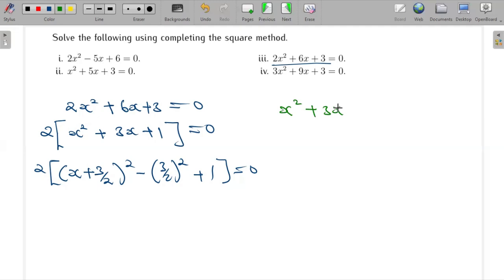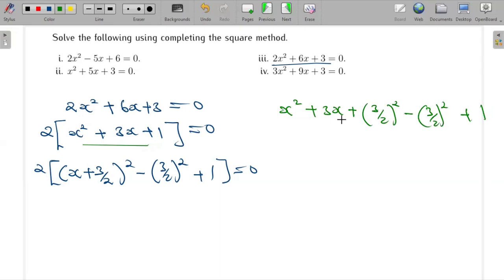You are adding the half, 3 over 2 squared, and then you have minus 3 over 2 squared. This here is the special 0 that we've made, plus 1, because this changes nothing. 3 over 2 squared minus 3 over 2 squared gives you 0, and then you have the same.